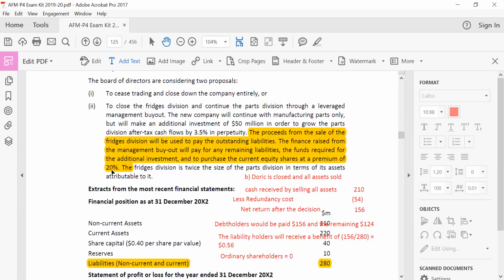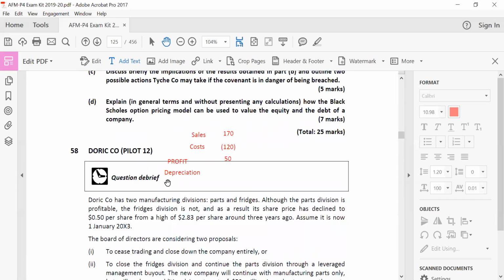I'll put it in brackets: 1/3. I want to determine the portion which belongs to us. 1/3 of the 100 will be the value of the assets, because 1/3 belongs to parts.